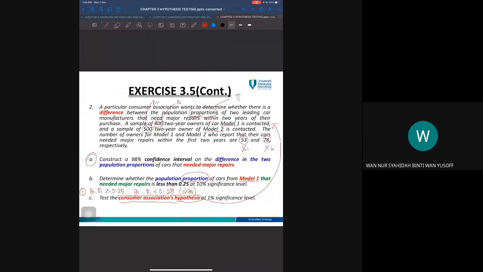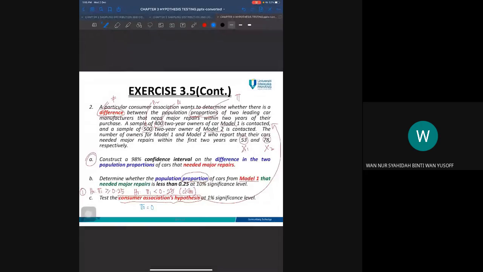Okay, so the keyword is different. What kind of sign do we have? Not equal. Do we have pi naught here in question C? No. So pi naught equals 0. So case 1.